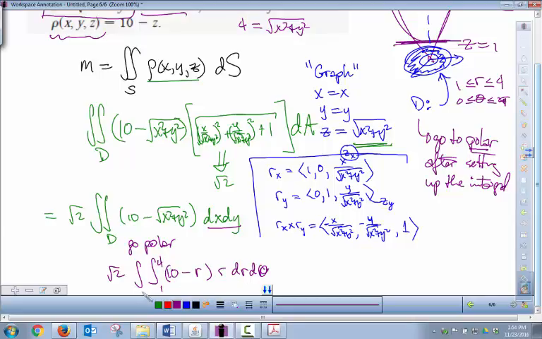And then theta goes from 0 to 2 pi. Okay, so this is manageable. We could do this. And by finding this, you can figure out what the mass is of that thing.